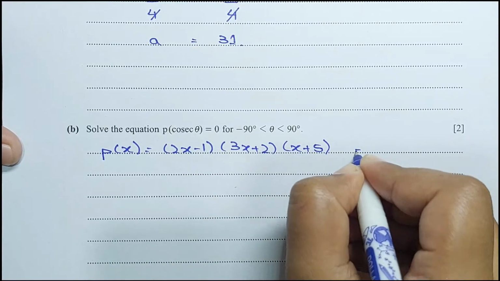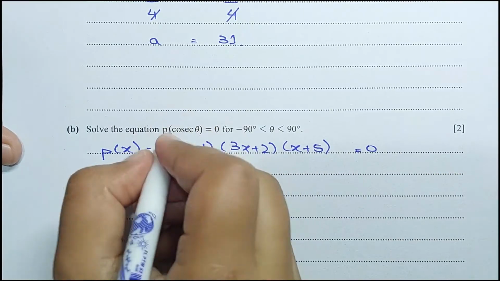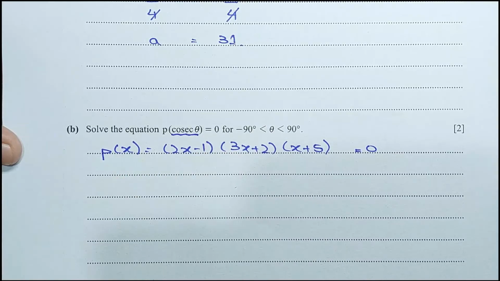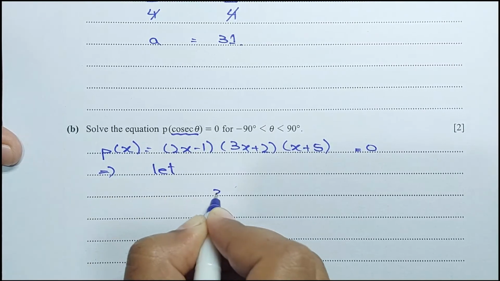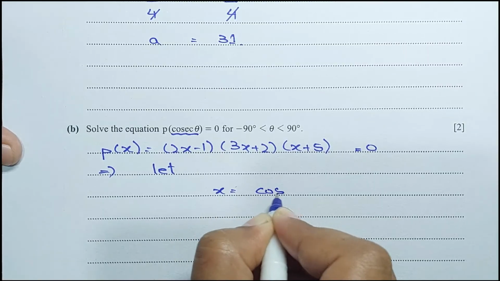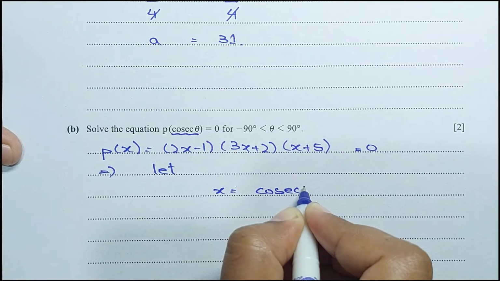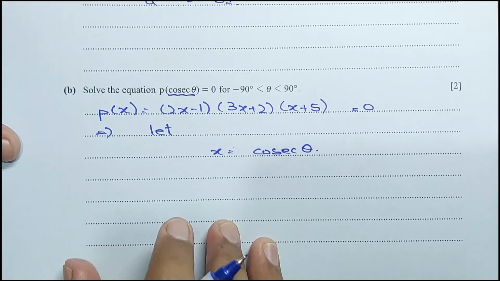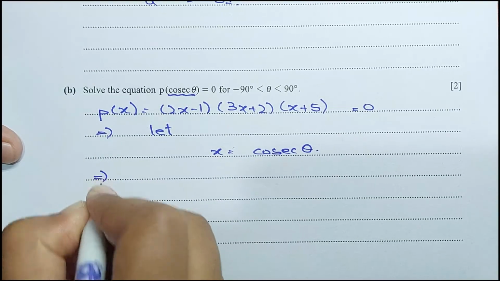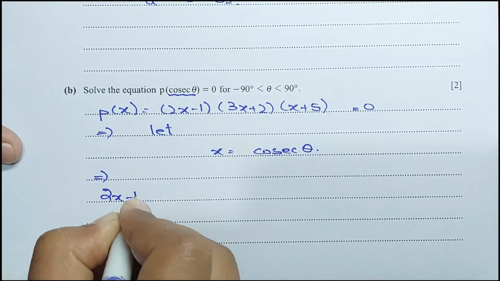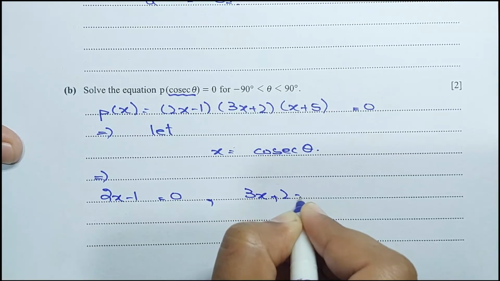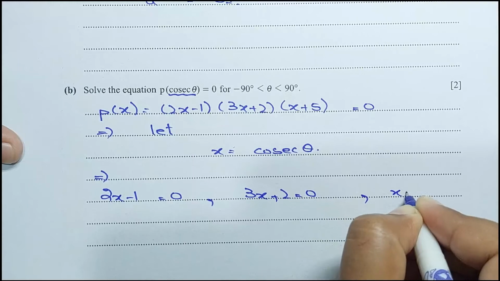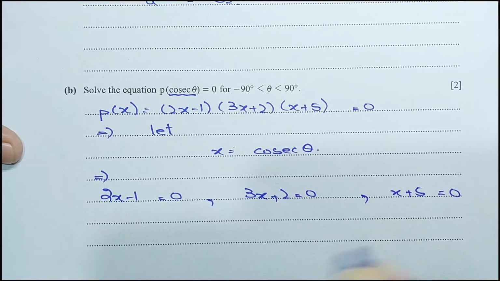We have to put this equal to 0. Let me solve first. P of x equals 0, and let x be equal to cosecant theta. If I put this equal to 0, it means 2x minus 1 equals 0, 3x plus 2 equals 0, and x plus 5 equals 0, right?